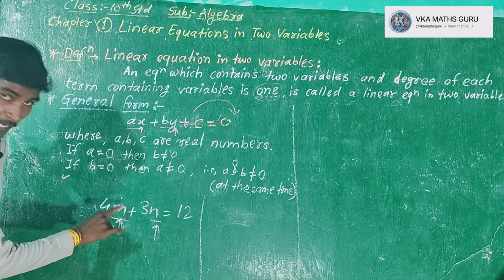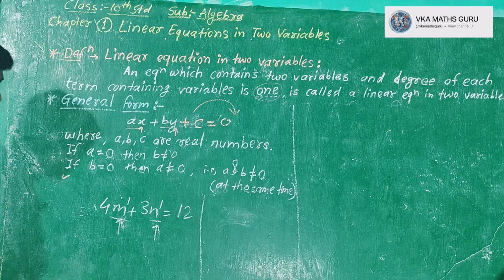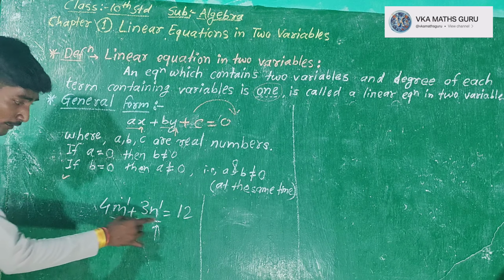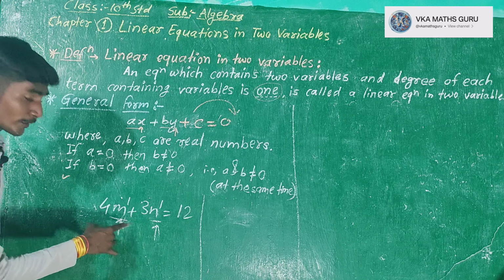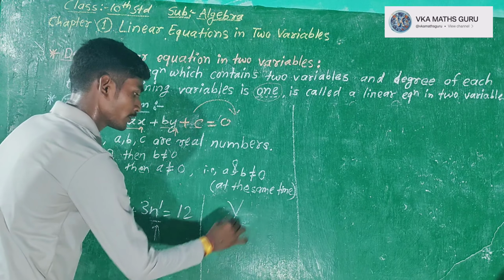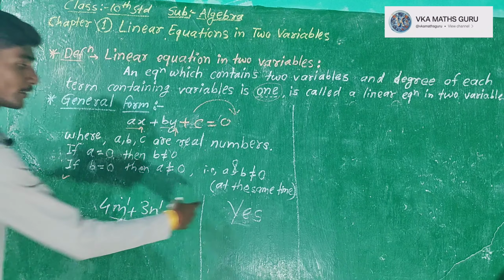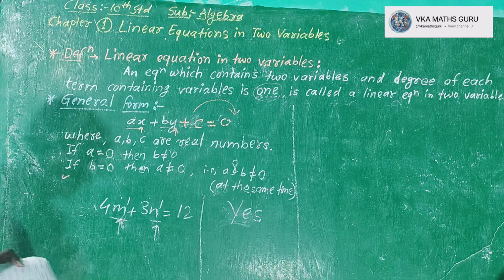Here m has degree 1 and n also has degree 1. So there are two variables and each variable has degree 1. That's why this is a linear equation, so I write yes. Otherwise I write no.